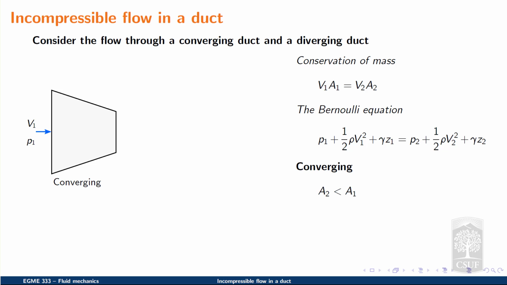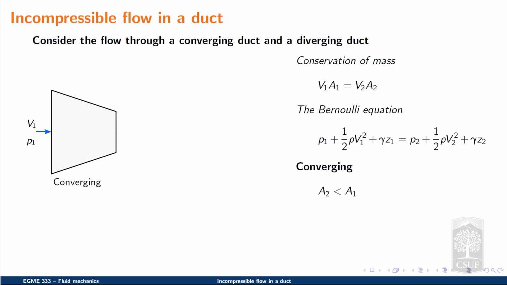Now, because the duct is converging, that means that the cross-sectional area is decreasing with axial position. Therefore, the area at the outlet, A sub 2, is less than the area at the inlet, A sub 1. Because of the conservation of mass, in order to conserve the volumetric flow rate capital Q through the duct, the decrease in cross-sectional area leads to an increase in the local velocity.